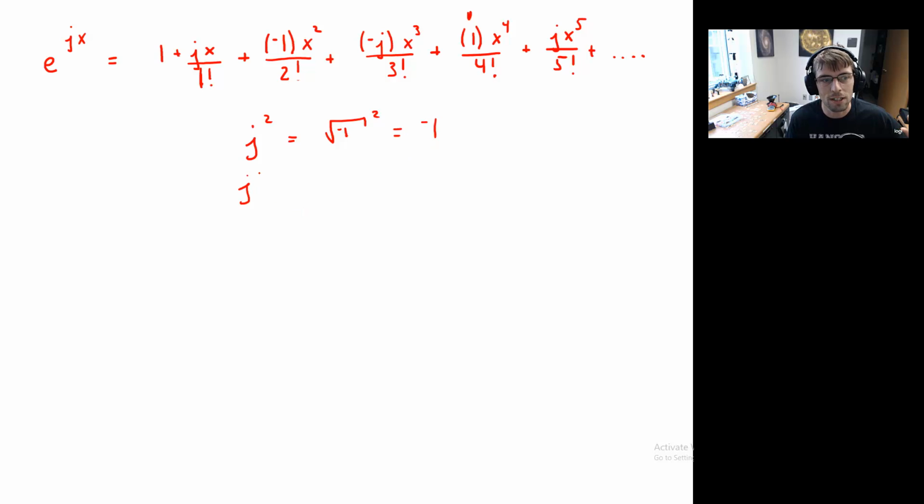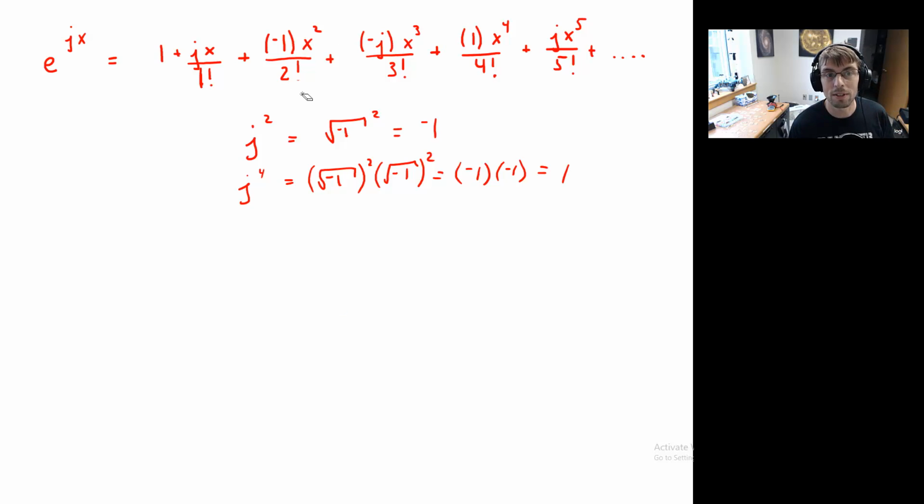And of course, j to the fourth equals j squared times j squared, which is -1 times -1, which is equal to 1. So that's kind of cool, that every once in a while you end up with a real number again, even when you're using the imaginary numbers.